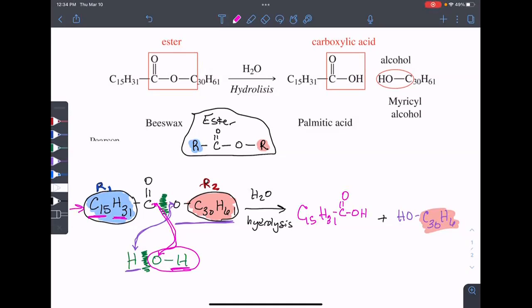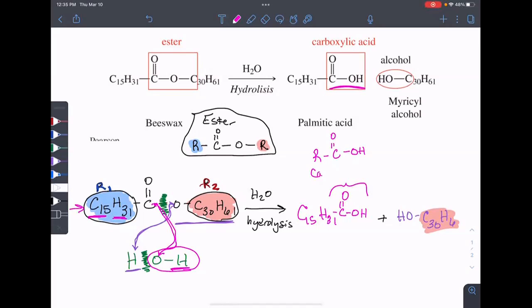So what you end up with are two new compounds. If you started with an ester, one of the product compounds is going to be a carboxylic acid. What's a carboxylic acid? A carboxylic acid is some kind of R group attached to a carbon, double bonded to an oxygen, and a hydroxyl. And that's exactly what we have right here.